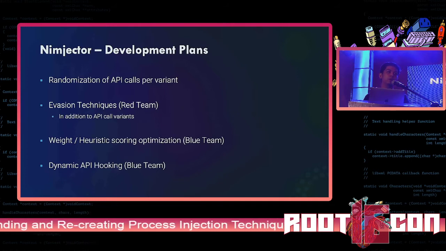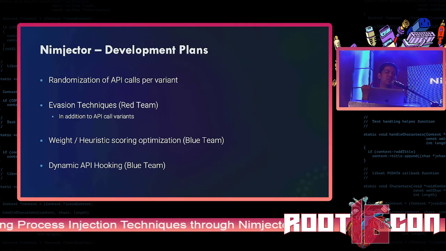If you want to randomize every API call for each variation, so for example, there's create remote thread, and it uses open process, virtual alloc X, write process memory, create remote thread, create thread X, and close handle.